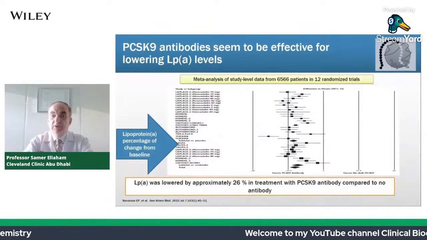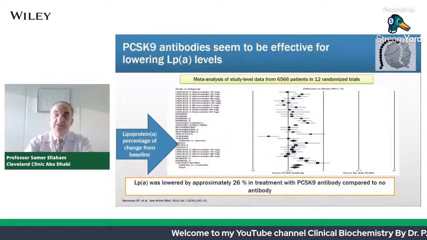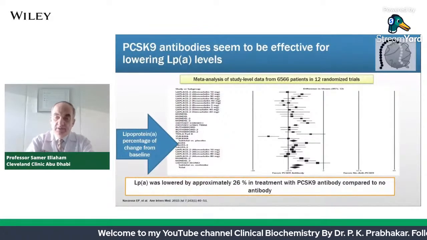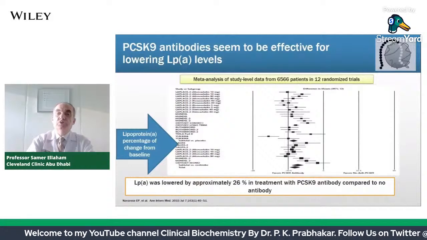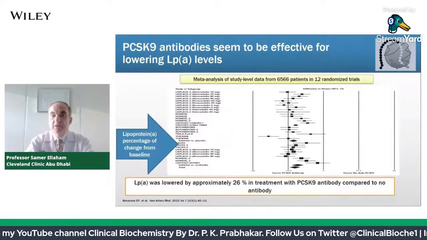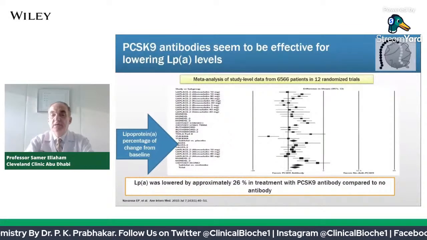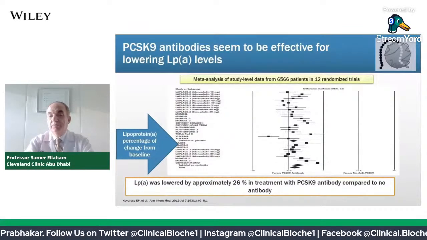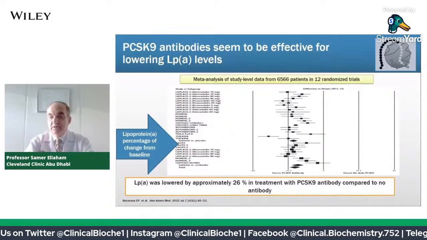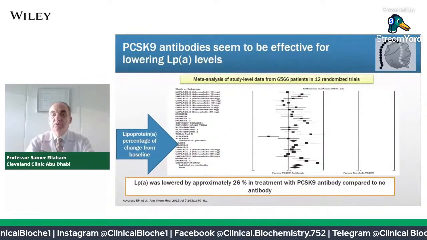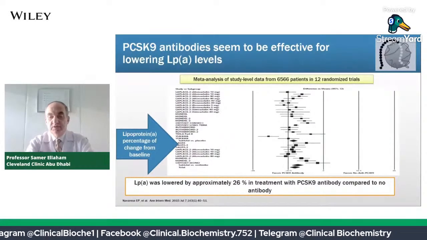It's important. We don't know what it means yet as far as targeting Lp little a and how much of the benefit is related to this, the outcome. But definitely looking at this meta-analysis, there is a lowering that could be up to 25% compared to the ones that did not have the antibody, as you can see in this case.